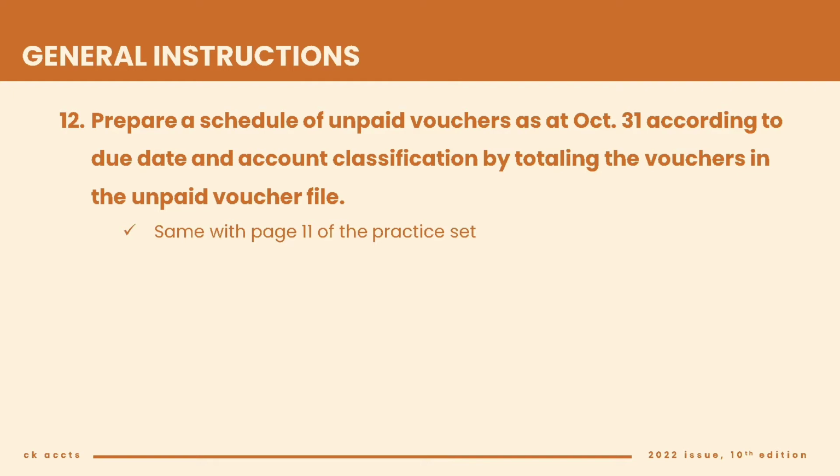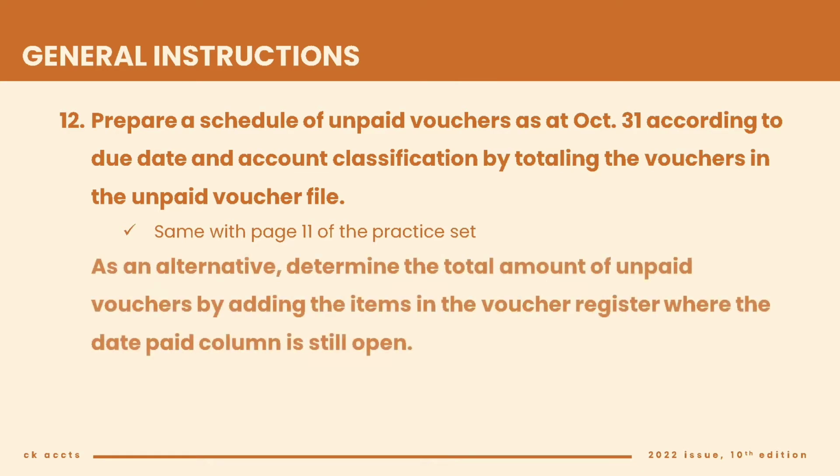Makikita nyo doon yung list ng mga unpaid voucher files pa and meron silang classification, kung sila ba ay accounts payable, kung sila ba ay SSS payable, Pag-IBIG payable, and so on. So, gagawa din tayo ng ganun. Pero, yung nandun sa page 11, again, is from the September 30 records. Yung gagawin natin dito sa practice set is yung for October 31 records naman.